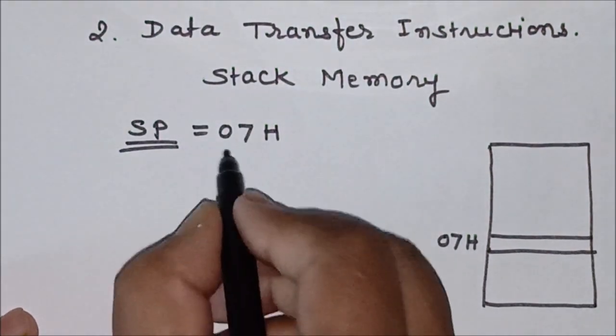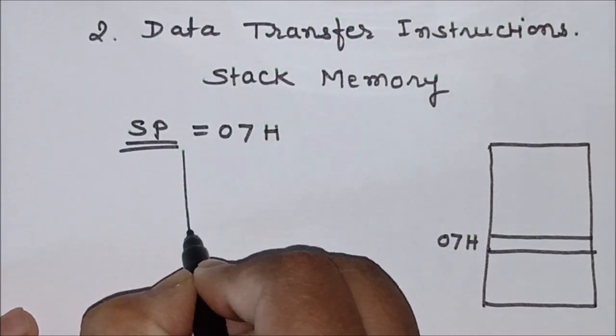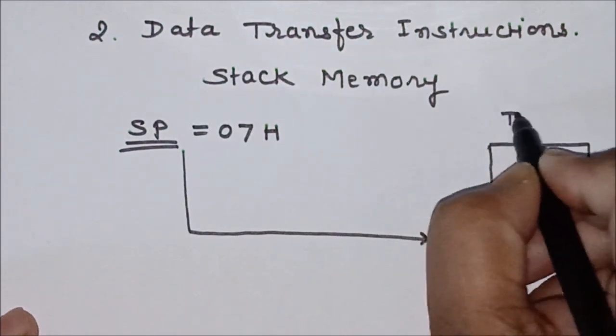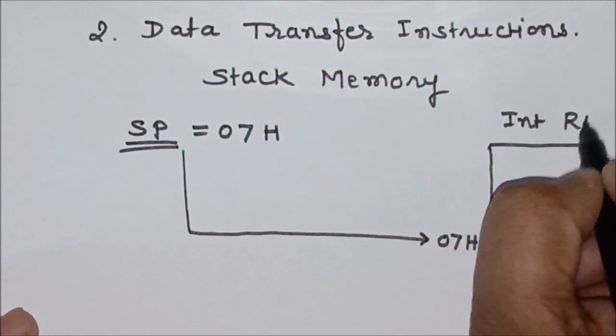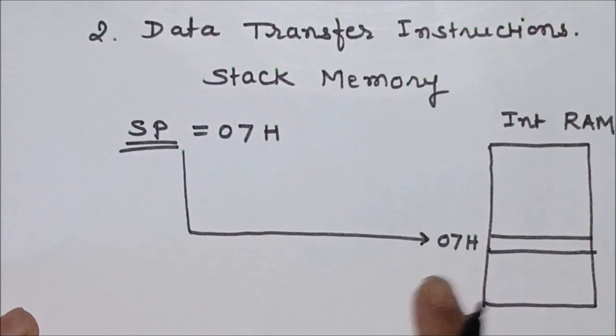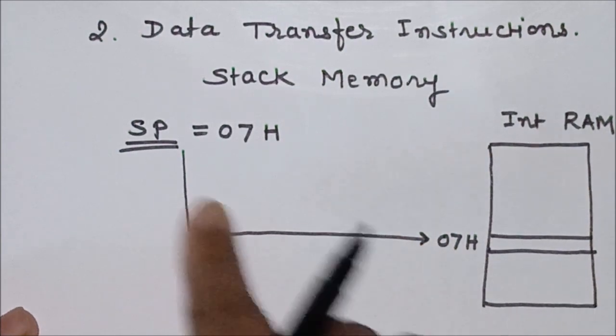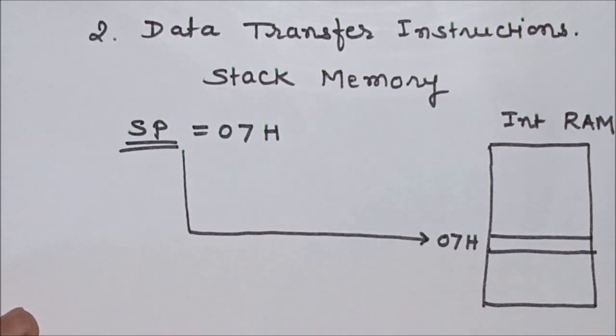So this register by default will point to the internal RAM memory location whose address is 07H.